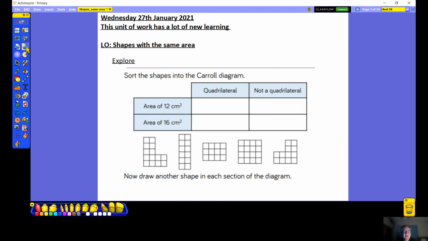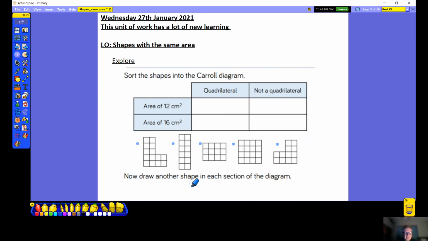So have a go at this explore question, sorting the shapes. This is called a Carroll diagram. Go through each of the shapes. Do they fit in one of these or not? And then when you've done that, draw another shape. I would recommend labeling them A, B, C, D, E, and then you can pop the letters in here.